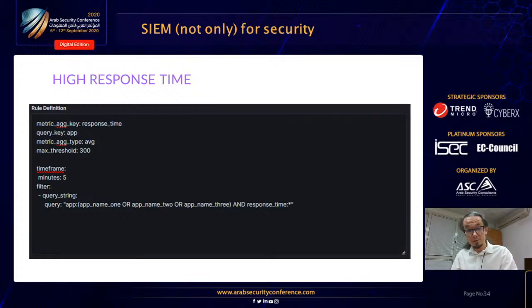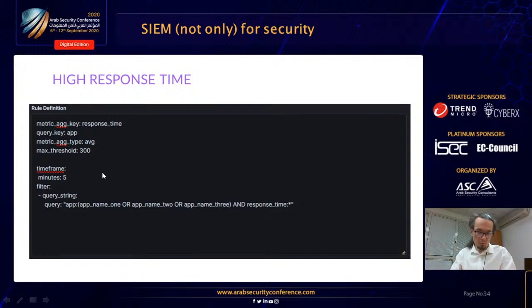And the alerting aspect of that would be, for example, high response time, where we are monitoring, for example, here we can monitor 3 applications or more, or we can add 1 application or even all of the applications with the response time. We are taking the response time, bringing it to the average value and comparing it against the threshold over the time frame.